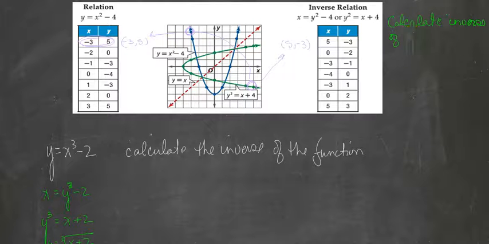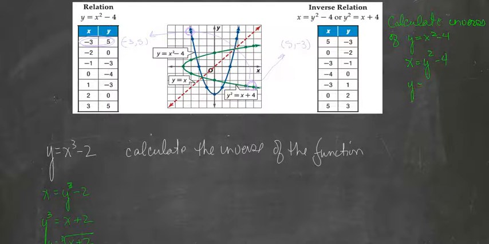Of y equals x squared minus 4. So again, taking advantage of the fact that on inverse graphs, x and y switch places, I'm going to put in x for y and y for x. And then I can first solve for y.